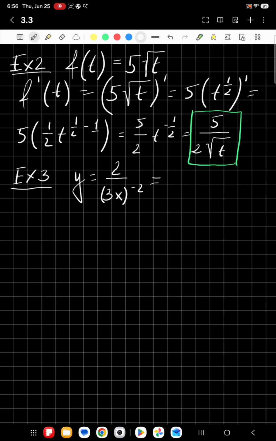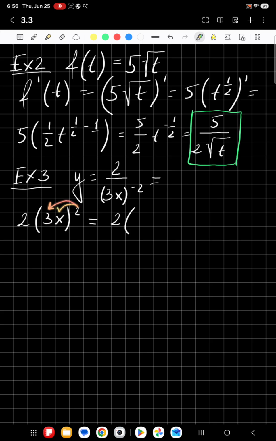Anyway, so we have 2, and then we have 3x to the second power. So that negative got spent. Now we're doing the exponent first, so we have 2 times, so in a sense I'm distributing that exponent.